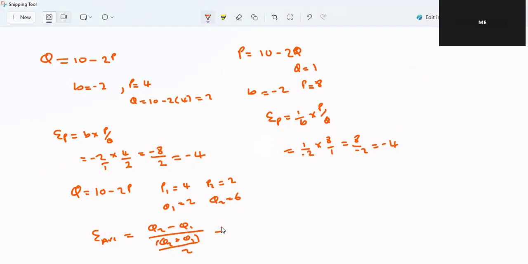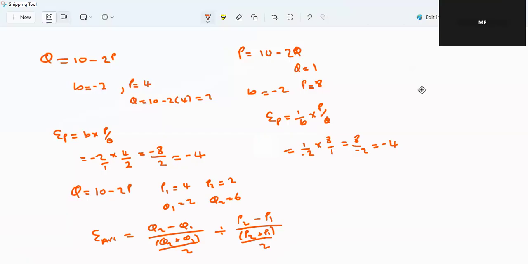We divide this the same way by P2 minus P1 over the average price, P2 plus P1 divided by 2.